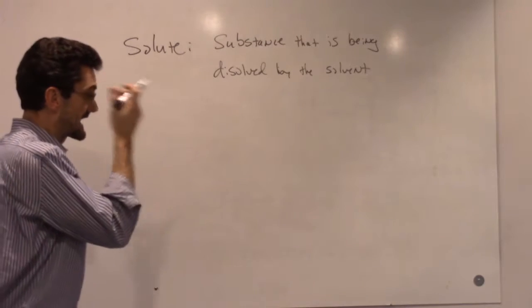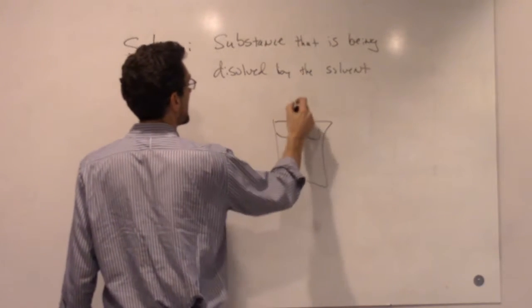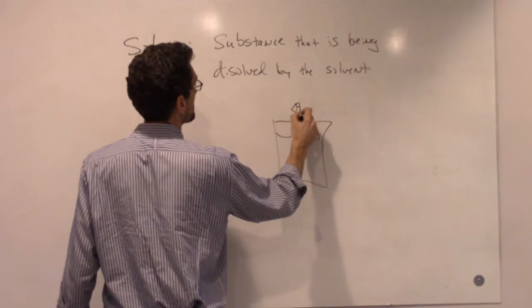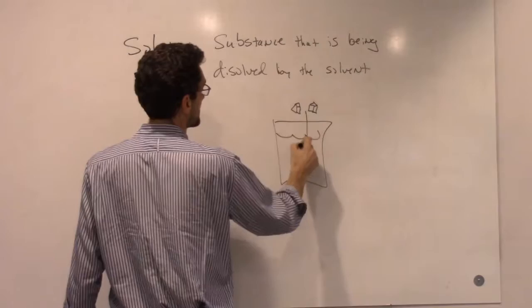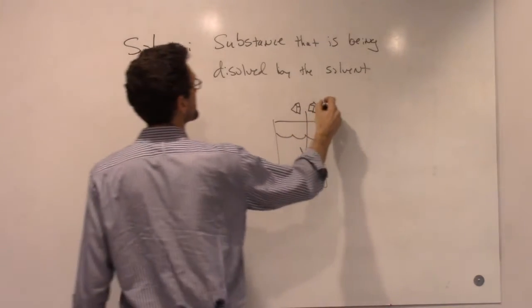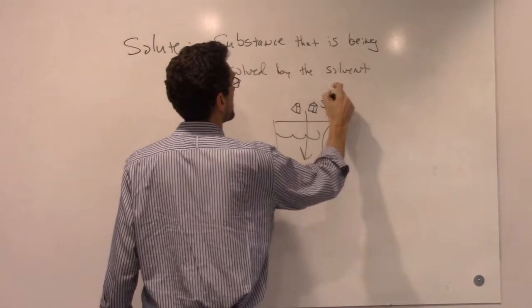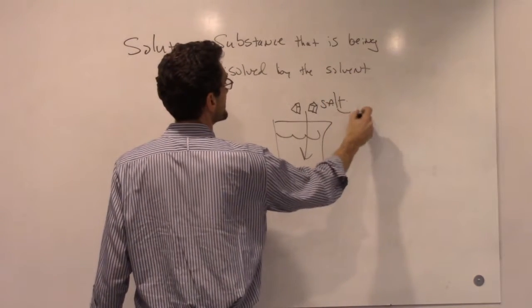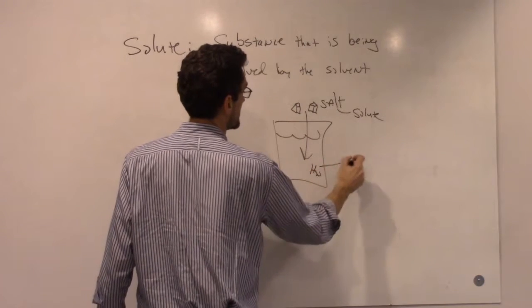If I have a cup of water, and I add to my cup of water some salt, here are my salt crystals, I'm going to throw them in there. My salt is the solute. My water is the solvent.